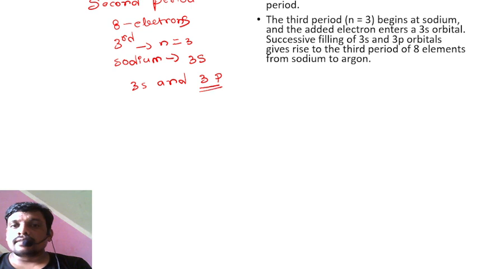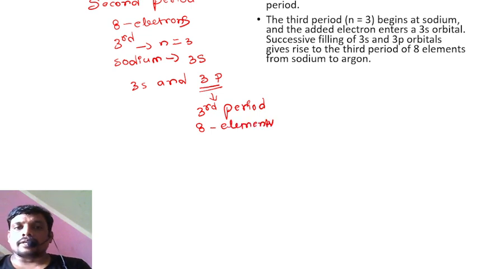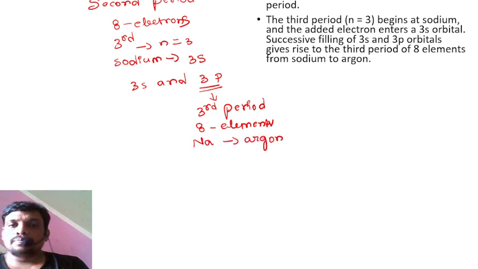Now let us take the 3p orbital. Filling of the 3p orbitals gives rise to the third period, and the third period contains 8 elements, starting from sodium to the zero group element argon.